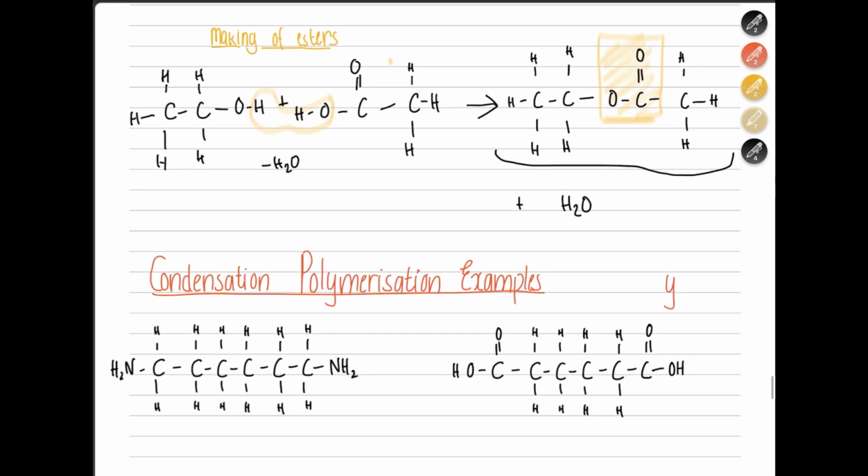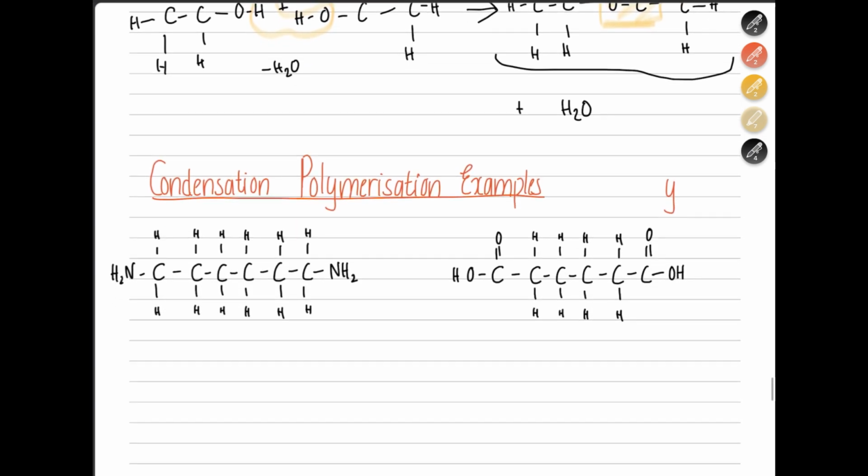Let's try to do some examples. We have two monomers, two molecules. The first molecule, can you name it? It has 1, 2, 3, 4, 5, 6 carbons, so it's hexane. And it has an NH2 group, so we call it amine. But there are two of them, so we say diamine.